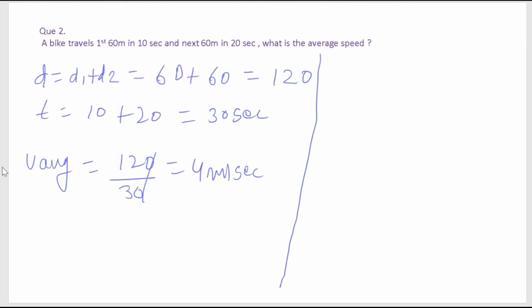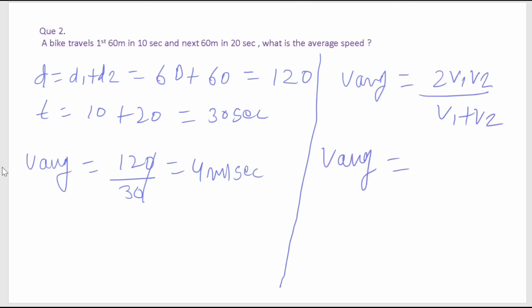Here the distance was 60 meters, and the next distance was also the same 60 meters. The average speed is 2 v1 v2 upon v1 plus v2, so we have to find v1 and v2. First 60 meters in 10 seconds, so distance upon time gives speed v1 equals 6 meters per second.